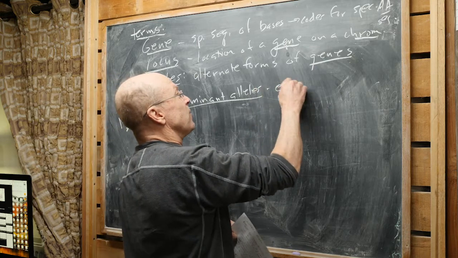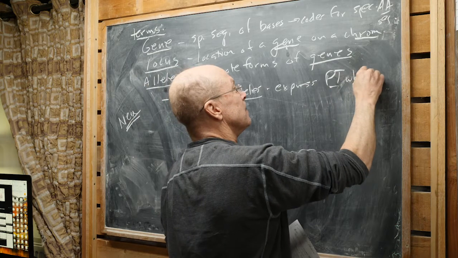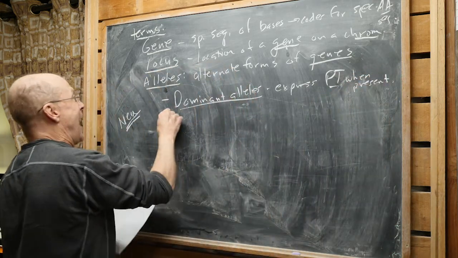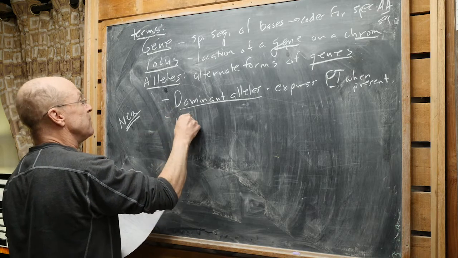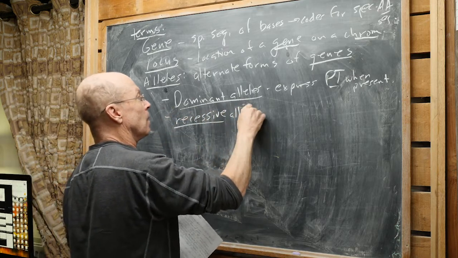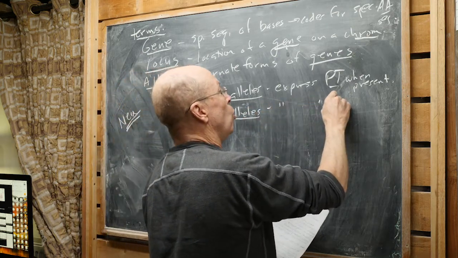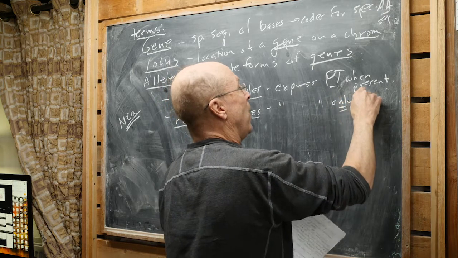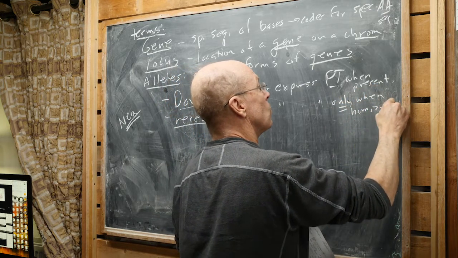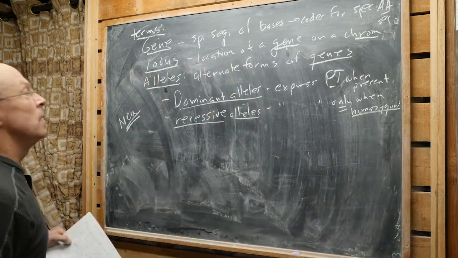These express their phenotype when present. We have what we call recessive alleles, and these express their phenotype only when homozygous.